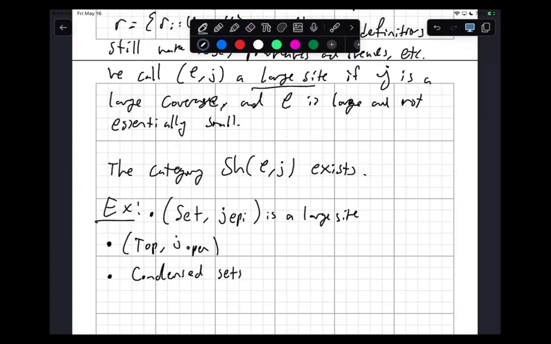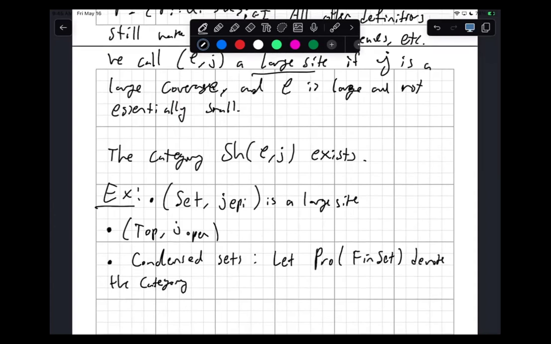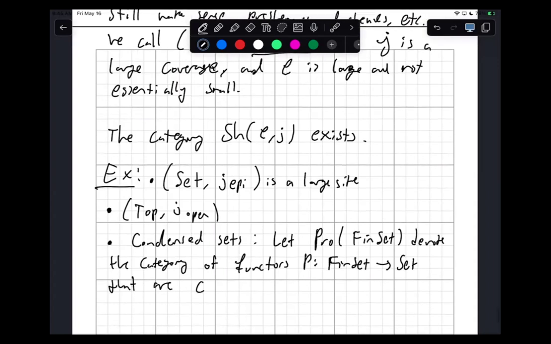Let pro of finset denote the category of functors P from finset to set that are co-filtered limits of representables.